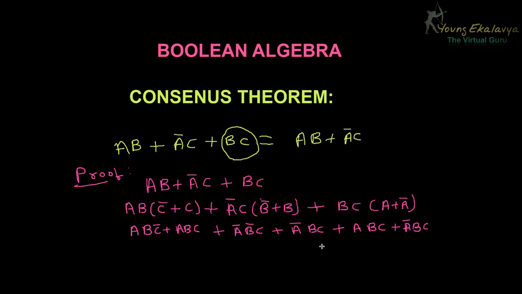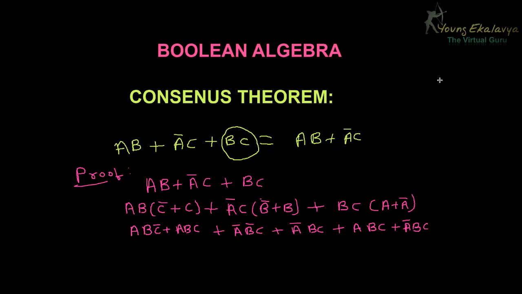Now observe this carefully. Can we reduce it still further? Yes, of course we can reduce it, because here we have one ABC term and another ABC term.